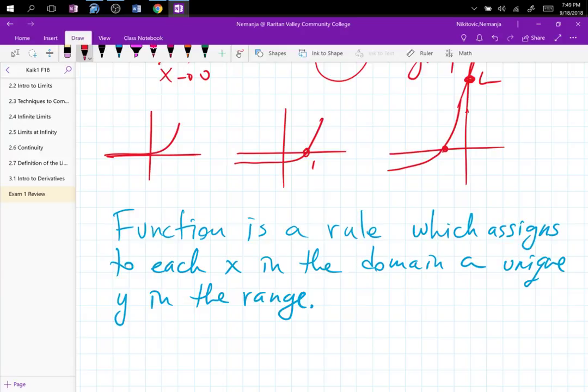We underline rule, domain, range, and unique. So you either write this for 4 points, or you try to make up something for 0 points.